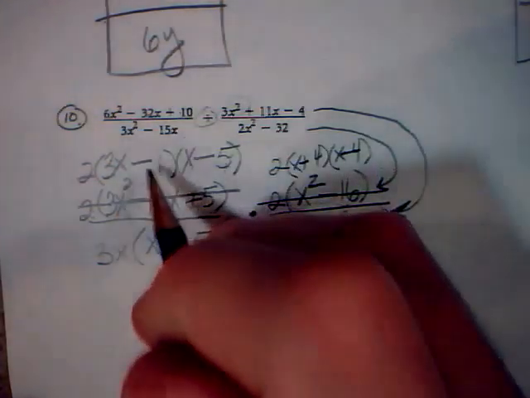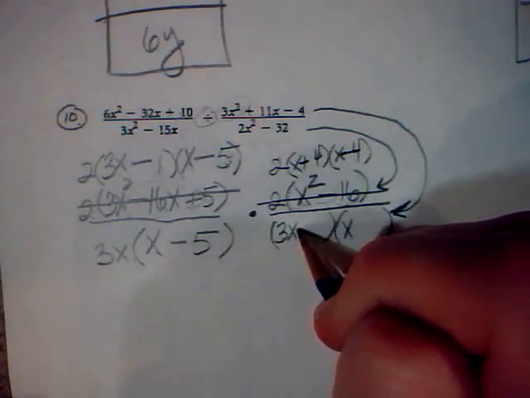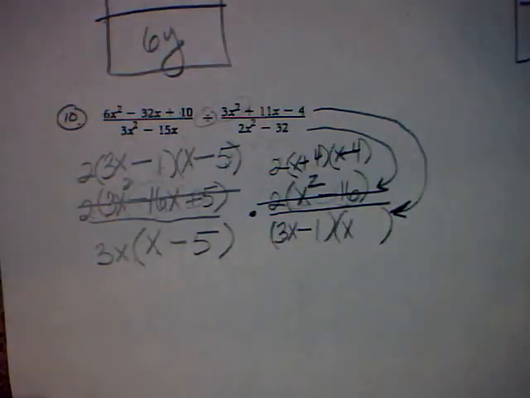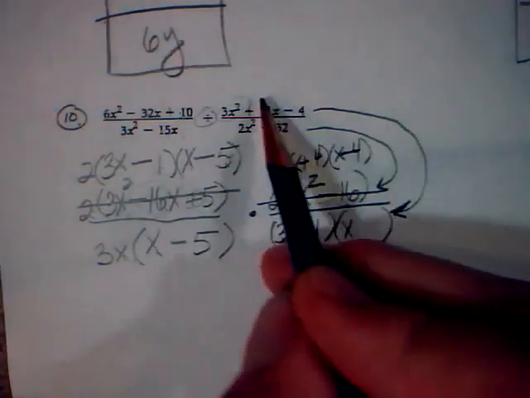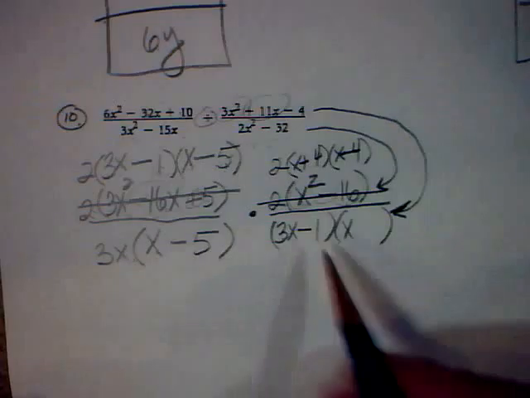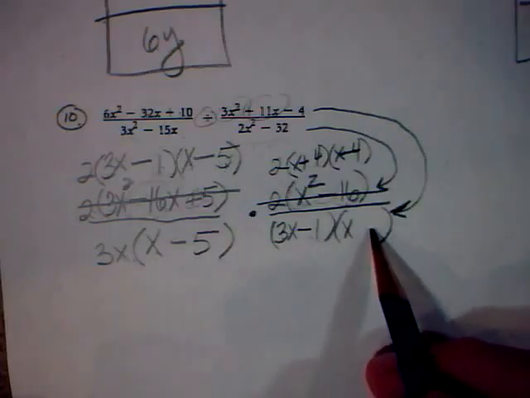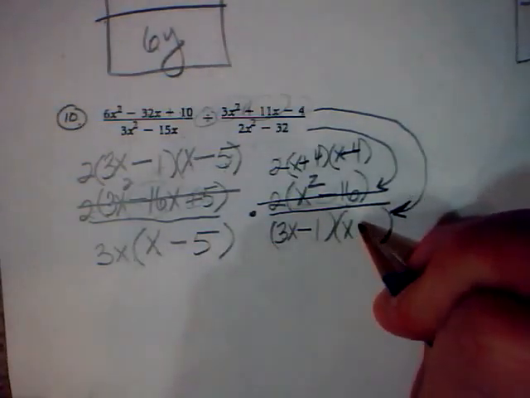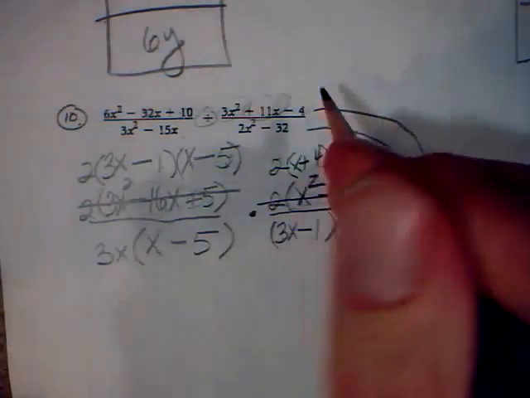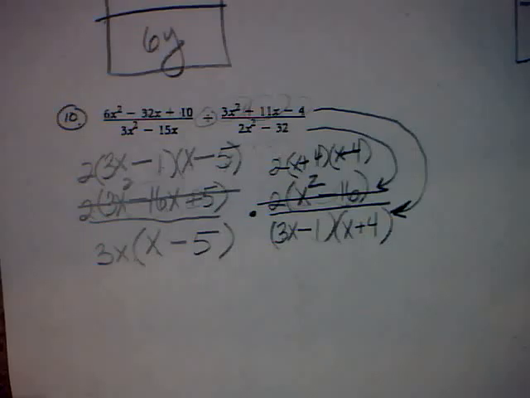So let's see if this friend over here can help us out. So let's try writing that as a 3x minus 1 and see what the rest of this would need to be. And let's make sure we get our middle term at the end. Well, if this is a negative 1, then this term here would need to be a positive 4, because a negative 1 times a positive 4 would get you a negative 4. Now, I'm not convinced that that's the right term.